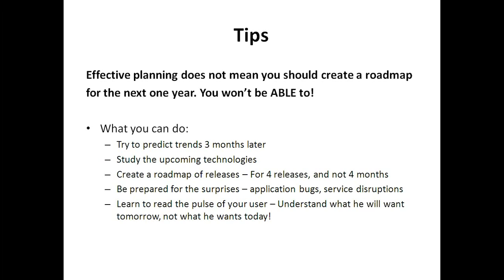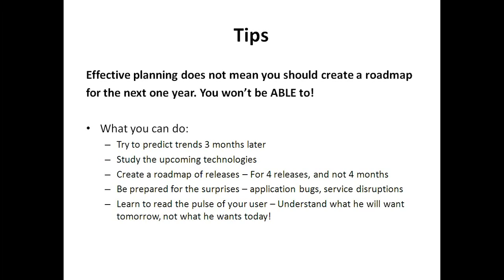And then map it to the time. Do not work it the other way around, that I need to create a roadmap for 4 months, I want to put out one release every month, and now I have to think what the releases are. I should always be ready with ideas for 4 releases, depending on my environment. Like I said, what are all the technologies coming up, what all I want to do, and then chart them to the time.